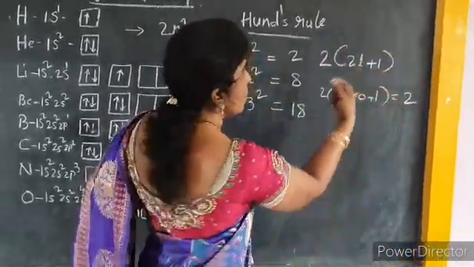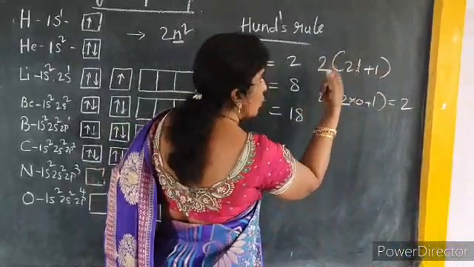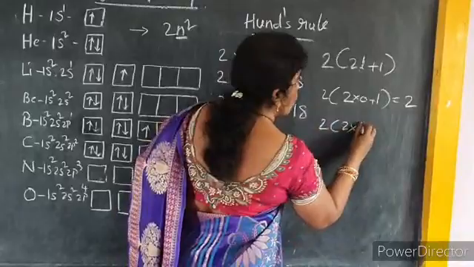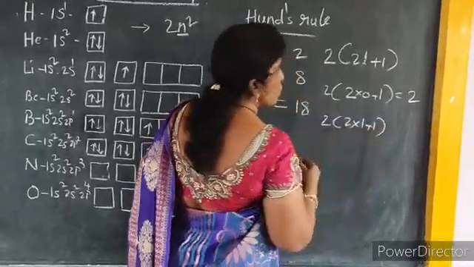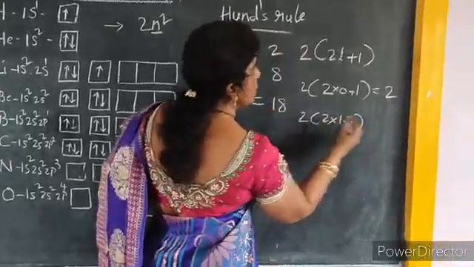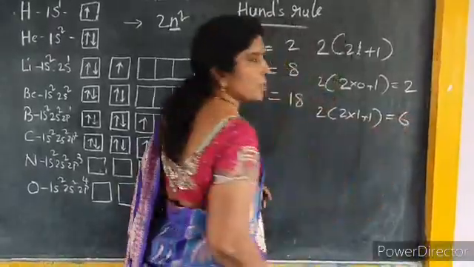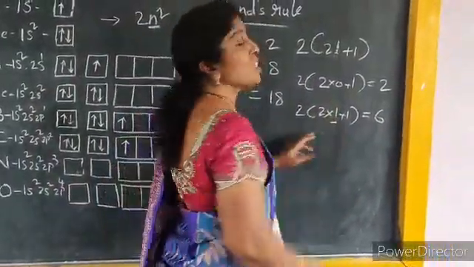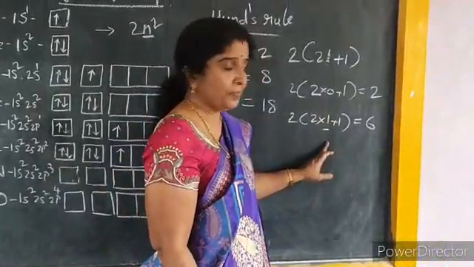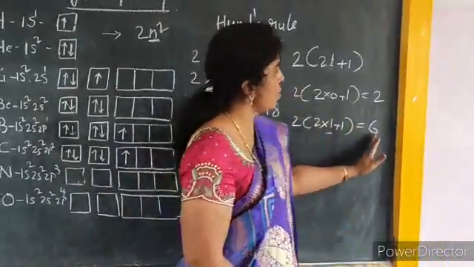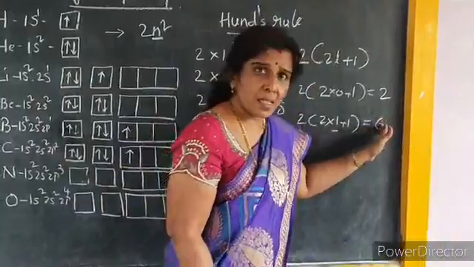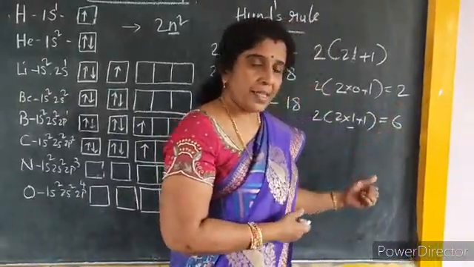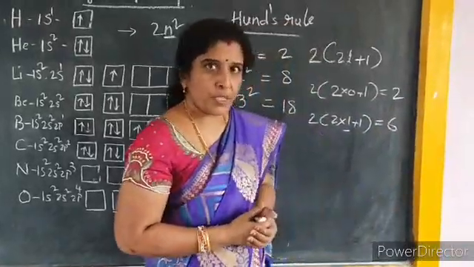Take one more l value, where l is 1: 2 into (2 into 1 plus 1), so 2 into 3, 3 2s are 6. When l value is 1, which corresponds to the p subshell, the total number of electrons present in p is 6. If you apply this formula, you will also get 10 electrons for d and 14 for f.